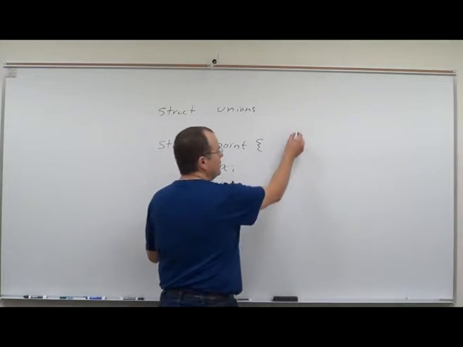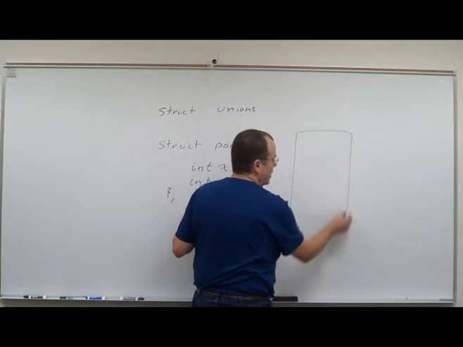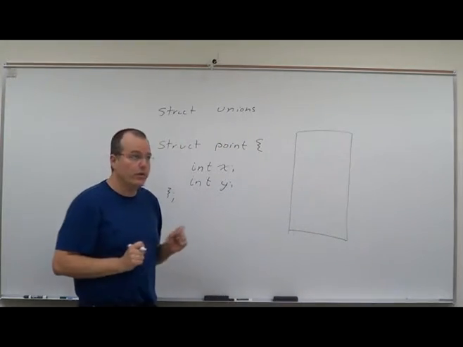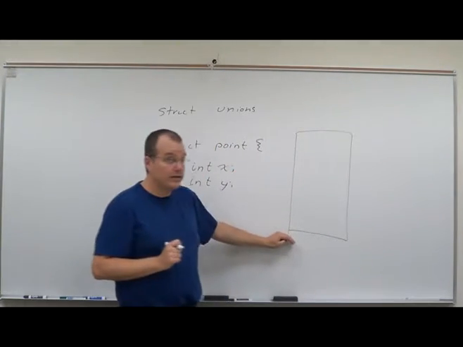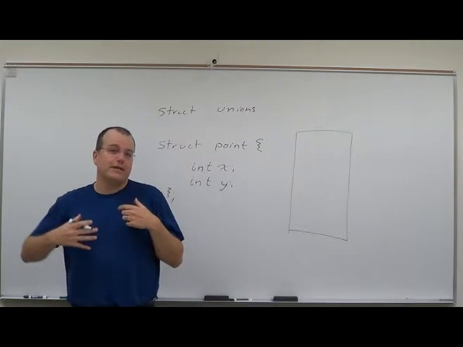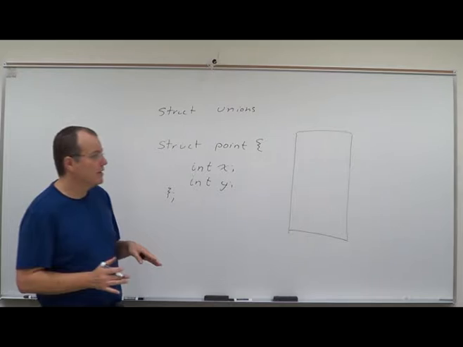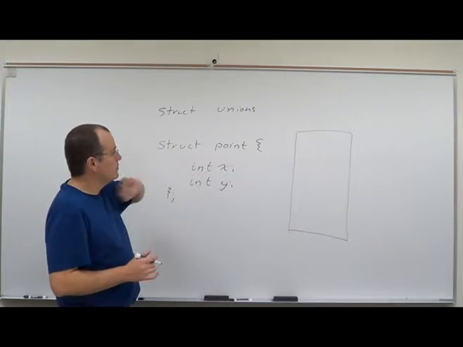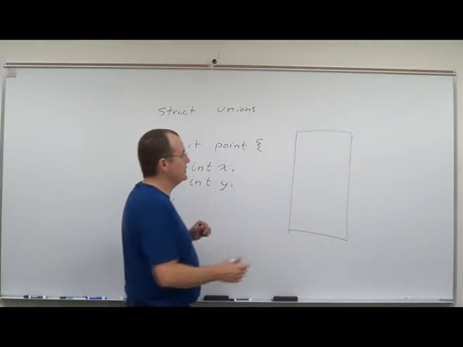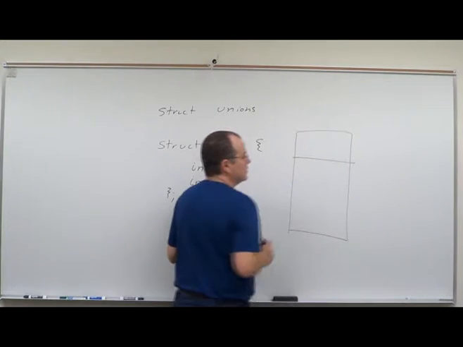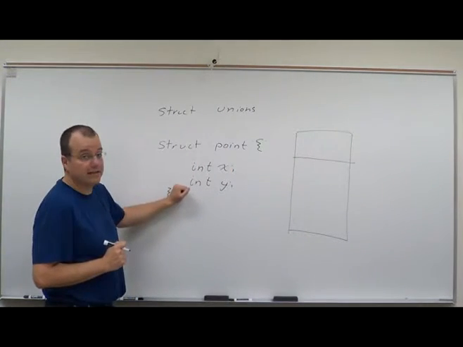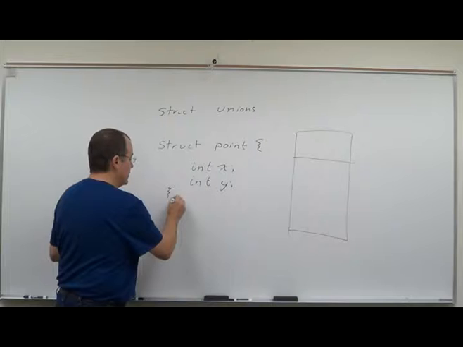So if we look at memory, and this is the way I like to look at memory, with the little addresses up here and the big addresses down there. This is how I like to look at it. The rest of the industry turns this upside down. So if my point object is right here, let's say actually, this is why that semicolon is so important.